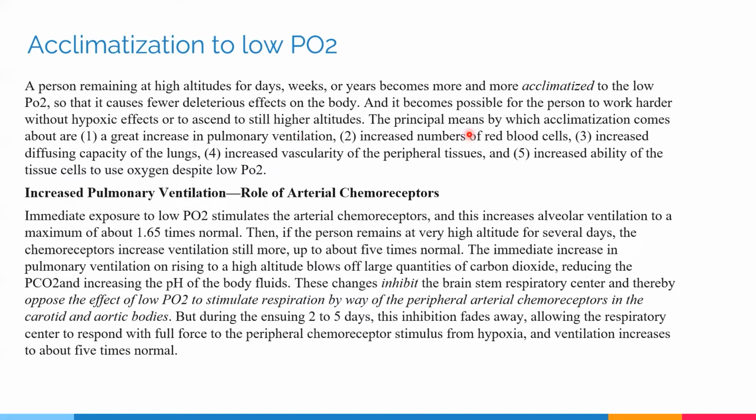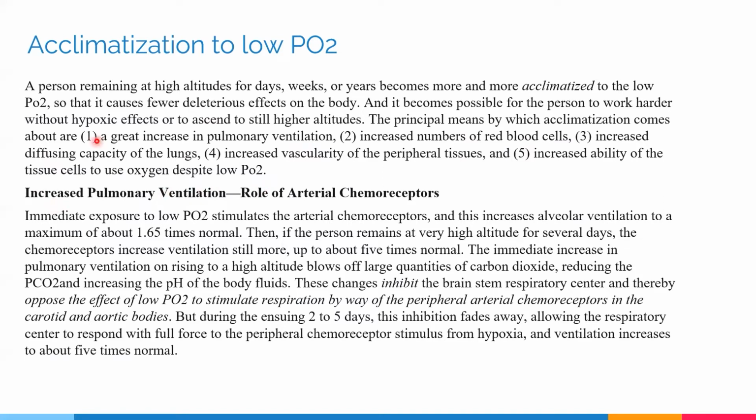The principal means by which acclimatization comes about are a great increase in pulmonary ventilation, increased number of red blood cells, increased diffusing capacity of the lungs, increased vascularity of the peripheral tissues, and increased ability of the tissue cells to use oxygen despite low partial pressure of oxygen.